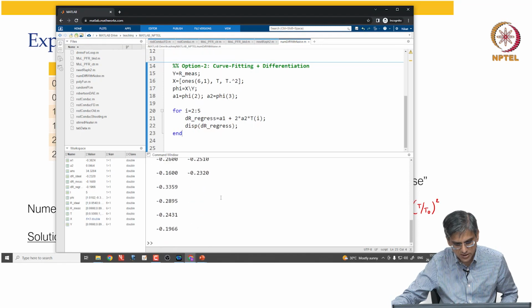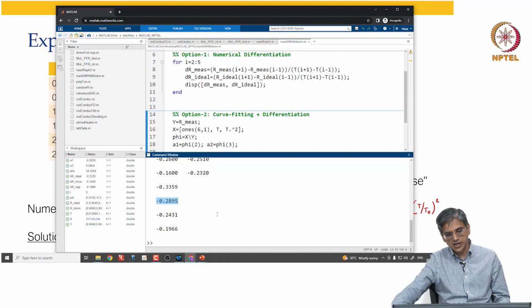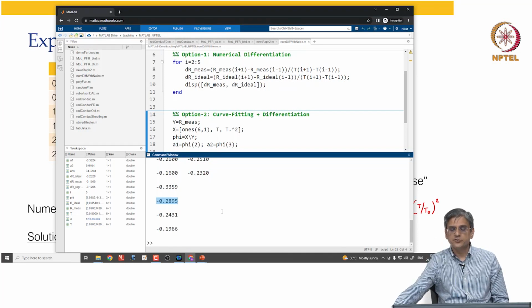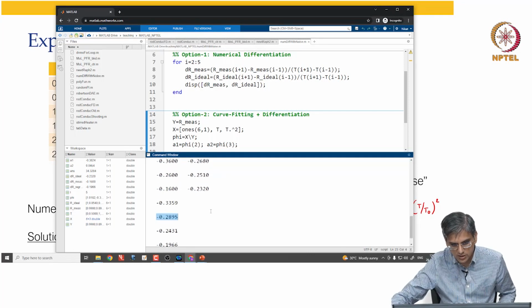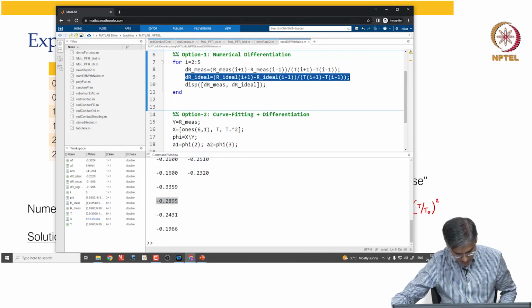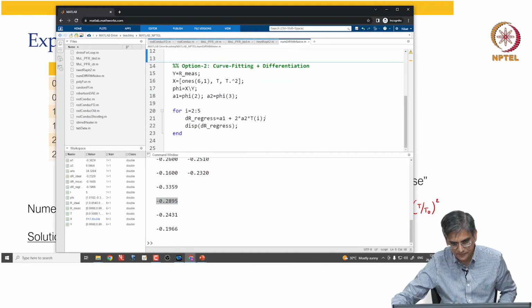Okay, so these are the derivatives, and we can compare. As you see, for most of the data points, this regression based fitting has resulted in a numerical derivative that's closer to the ideal value. Let me do this so that we can see the difference very clearly.